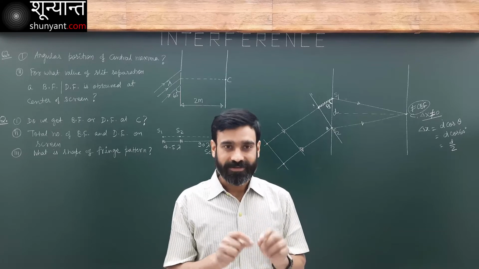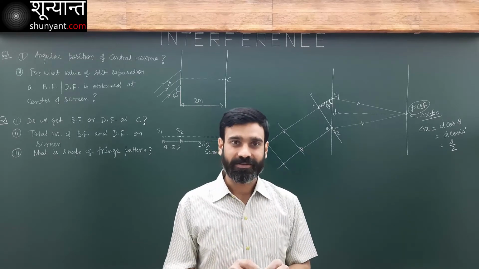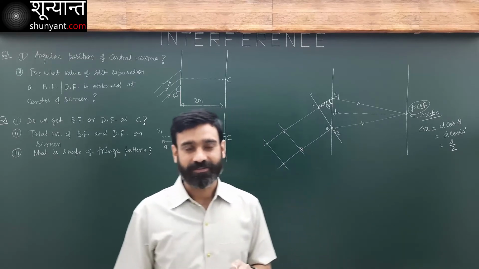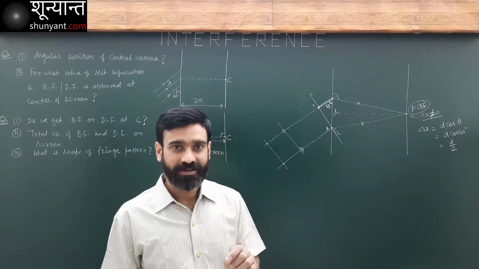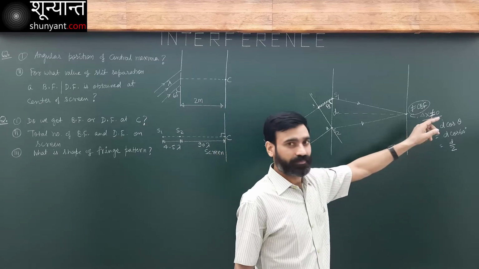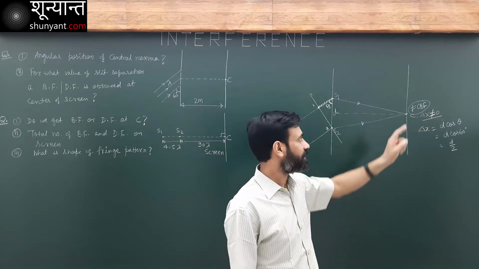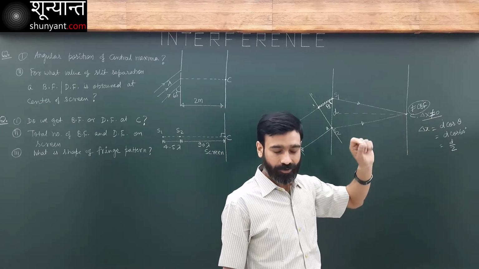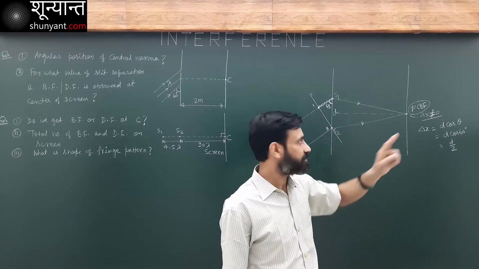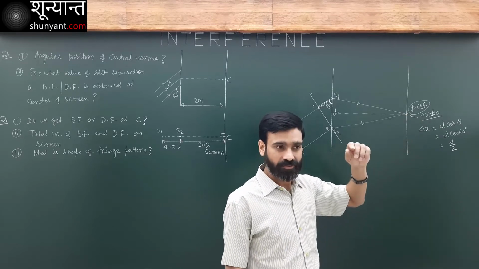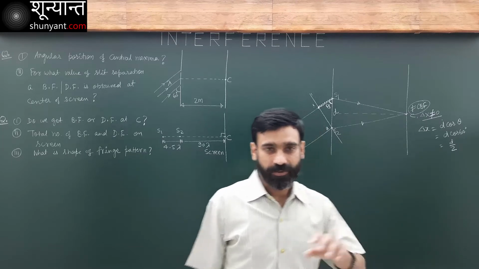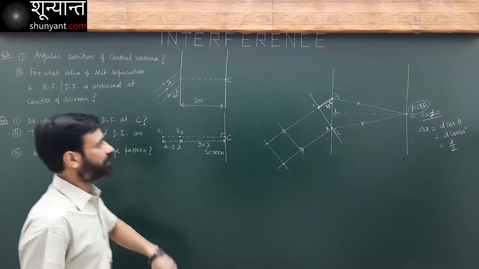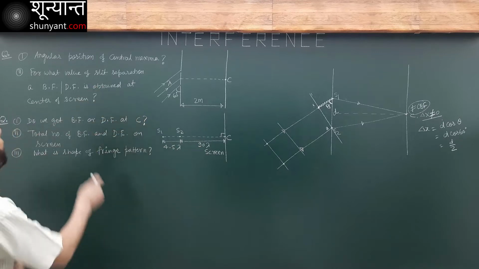But it is not the central bright fringe. It can be a bright fringe, but not the central one, because for the central bright fringe, delta x should be 0. That means I am not going to get central maxima here. Central maxima is going to shift. We will see whether it shifts up or down.